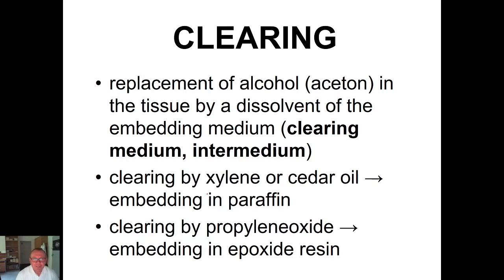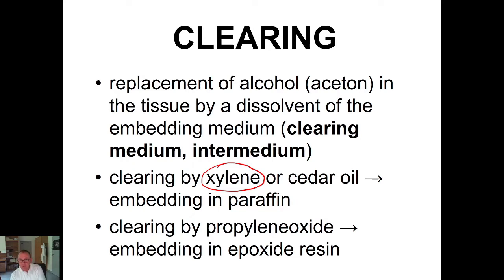The dissolvent of paraffin is some aromatic hydrocarbon. Mostly used is xylene. Benzene was also used, but it is carcinogenic, so it was forbidden.